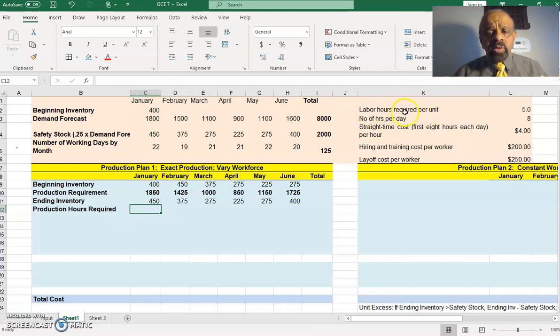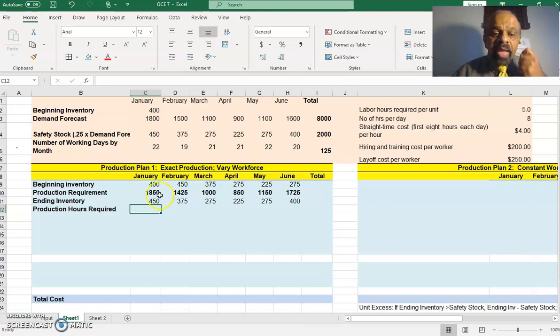One of them is the labor hours required per unit. For each unit I make, I need 5 labor hours.